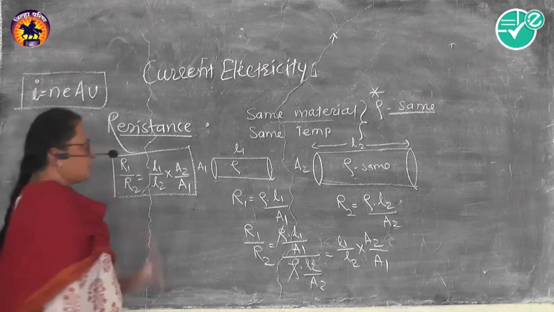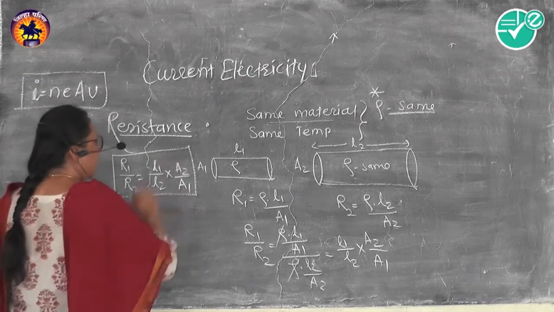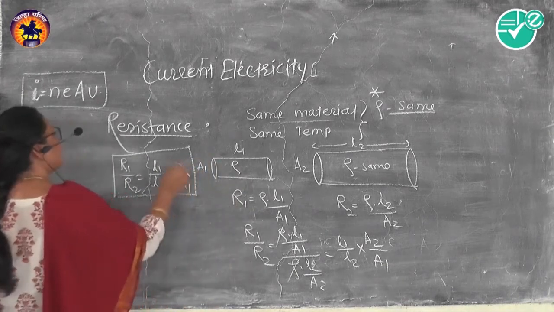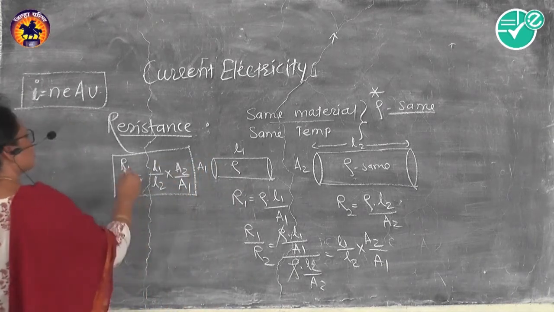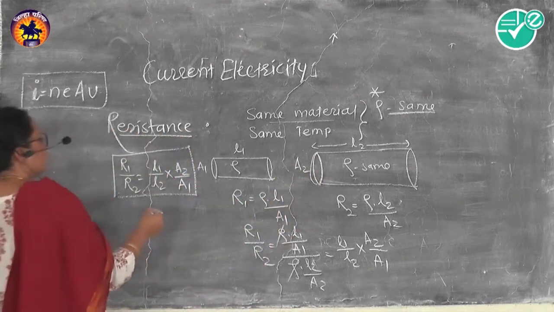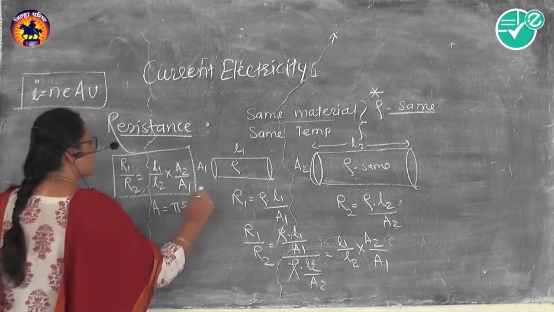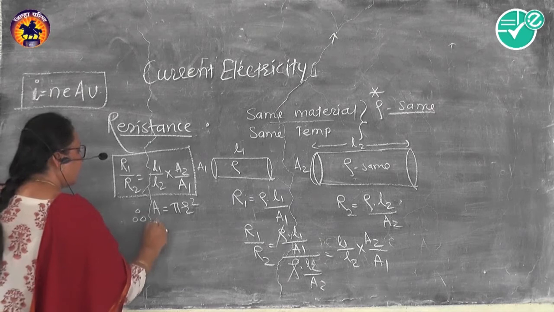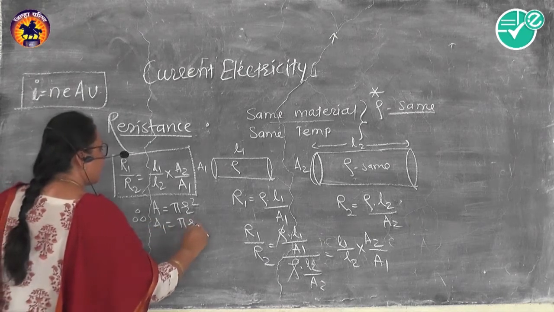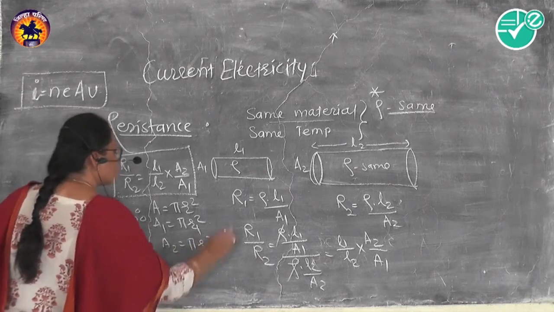But at the same instant, the same relation can be written not only directly in terms of area, but in terms of its radius also. The area of cross section is circular, so its area can be written as A is equal to pi r square. Therefore A1 can be written as pi r1 square and A2 can be written as pi r2 square.